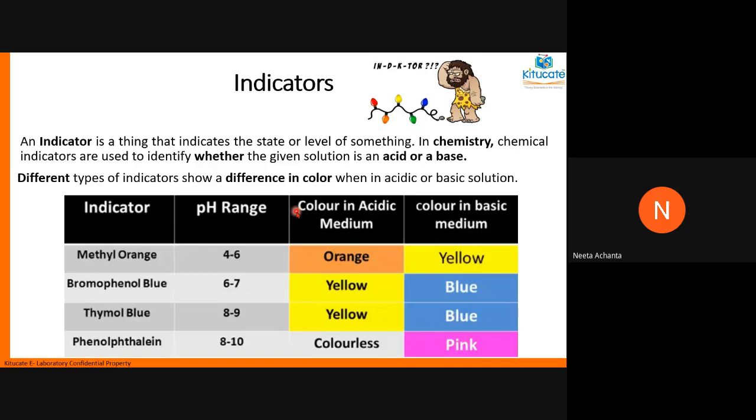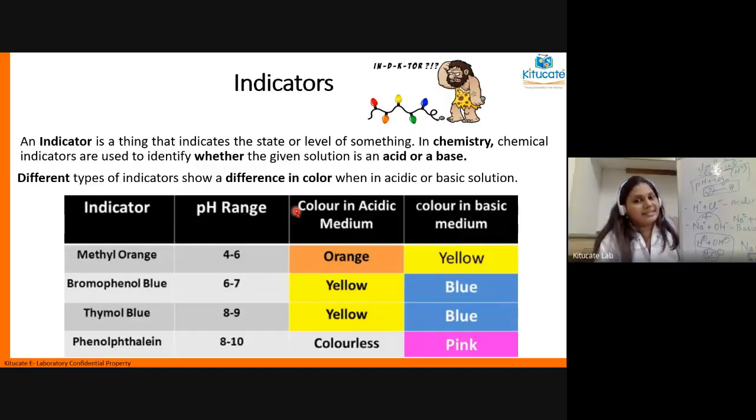Ma'am, we multiply 0.125 by 8. Yes, and what will the result be?